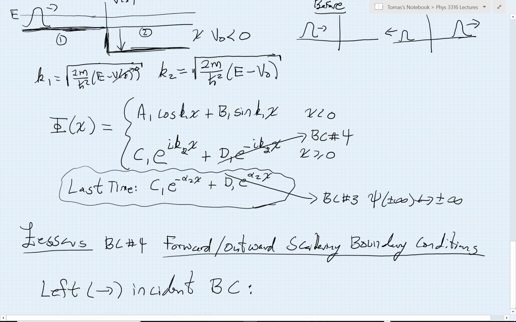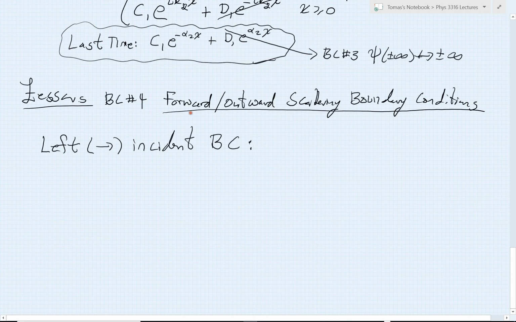And what it says is that I can't have any backward, or in this case leftward, moving wave on the far right. So that would mean no leftward moving wave on the far right, which would be this direction.